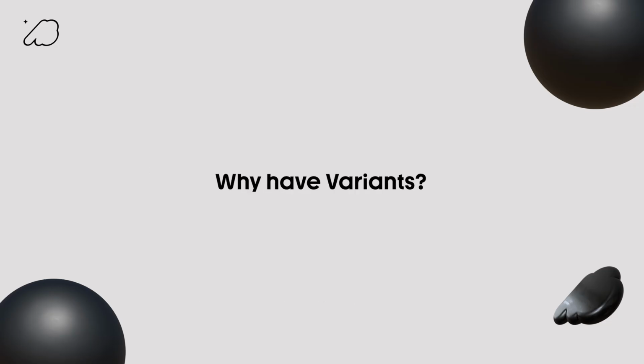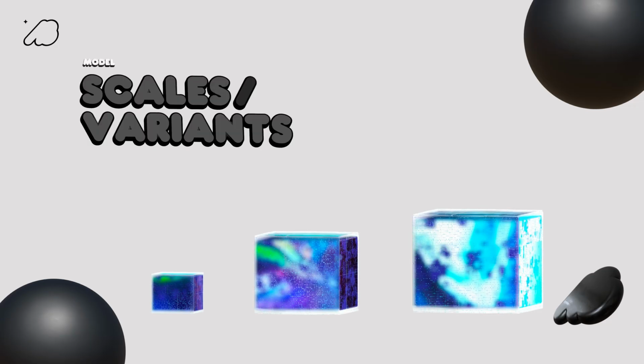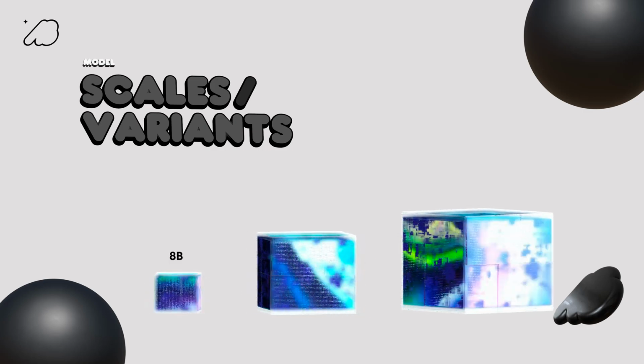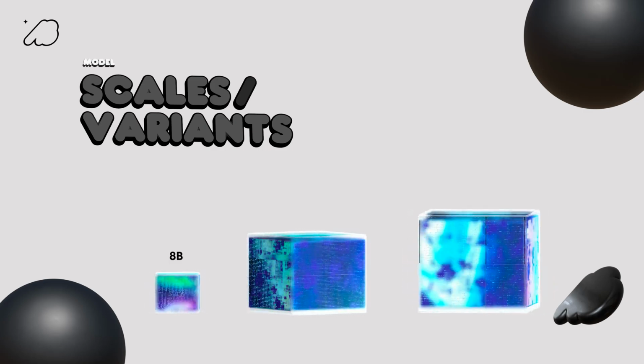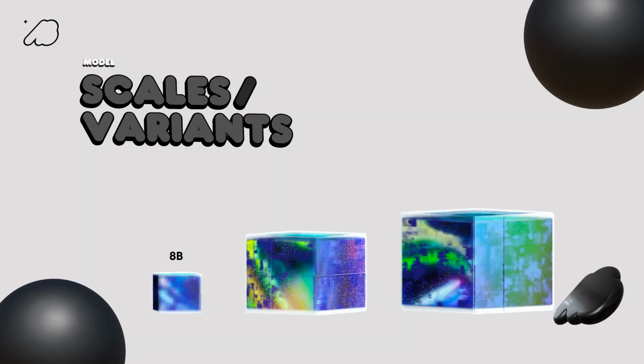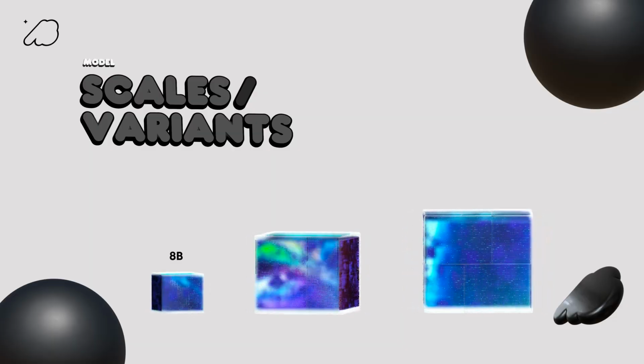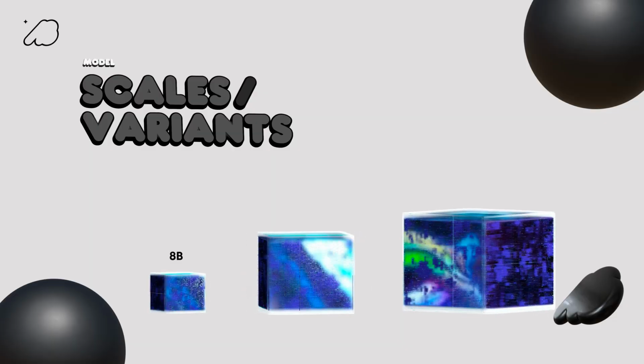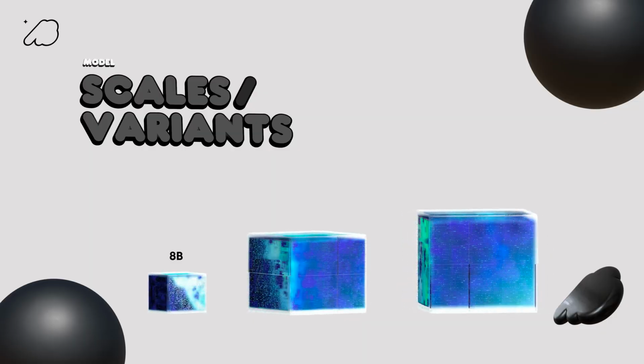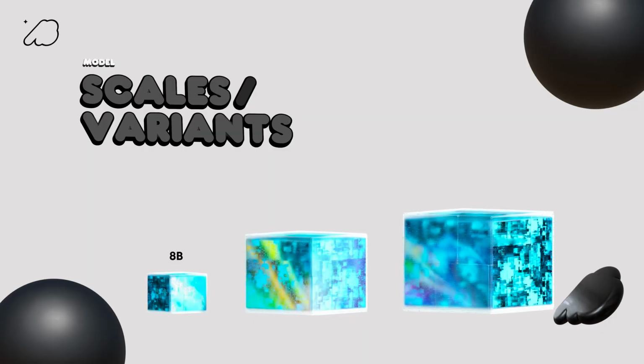Why do these variants exist? Well, it's all about trade-offs. Smaller models like an 8B, for example, are built for efficiency. They handle quick, simple tasks, require less computational power, and can run on lower-end hardware like mobile devices. They're ideal for applications that don't need deep reasoning or large amounts of context.